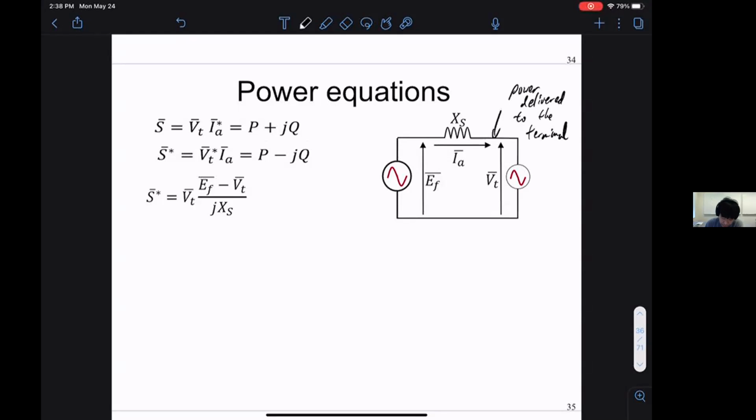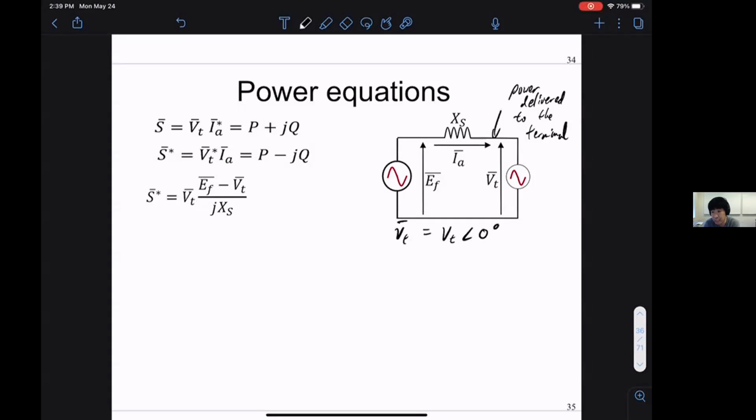So if you look at the calculation, the complex power delivered to the terminal is just the voltage multiplied by the complex conjugate of the current. Right. And since we always want to take VT as the reference, VT is at 0 degrees, because that's a natural reference to pick.